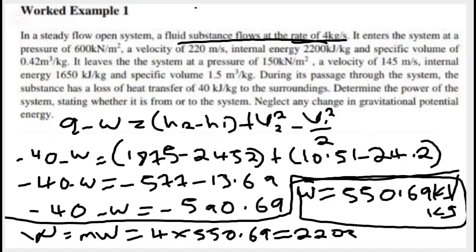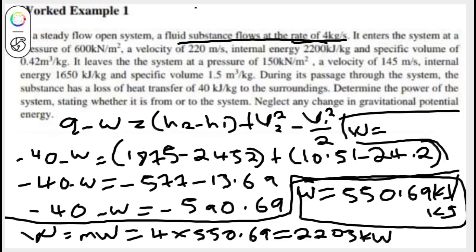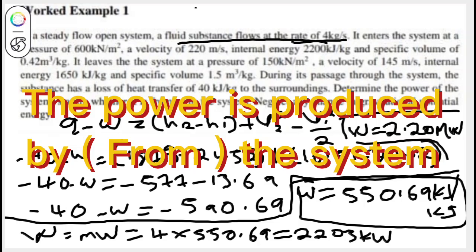So I'll now say 2203 kilowatt. But to convert this to megawatt, let me write it somewhere around here. So now say my power will be 2.20 megawatts.